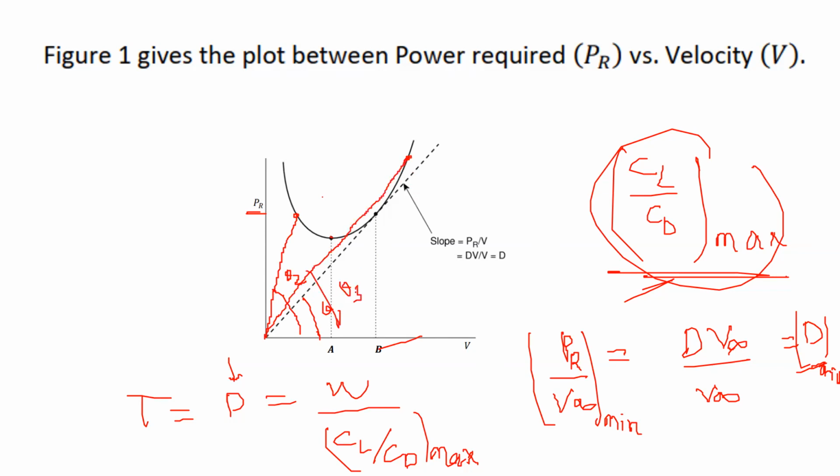Let's say theta 3. Theta 3 is greater than theta 1. So when a line originating from the origin goes tangentially to this curve, that is the minimum slope, and that minimum slope corresponds to CL by CD maximum and drag minimum. If anyone still has any doubt, they can ask.